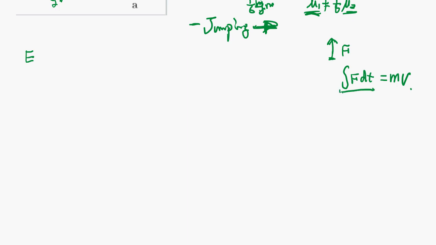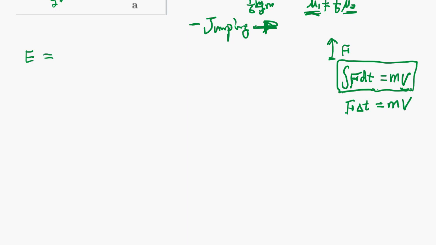When you have impact, the momentum changes, and this is the formula. If F is almost constant for a very short time of t, you can simplify to this.